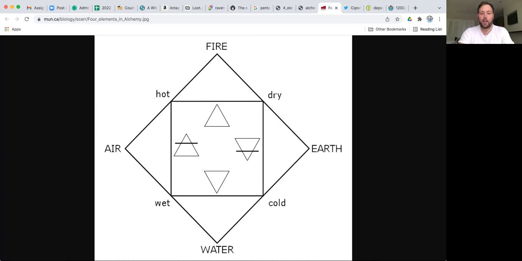Hot and moist, an imbalance of the air element within the body. You can see how just by looking at this, this is where medicine started. This is where Western medicine started, by the understandings of these elements and their interactions.